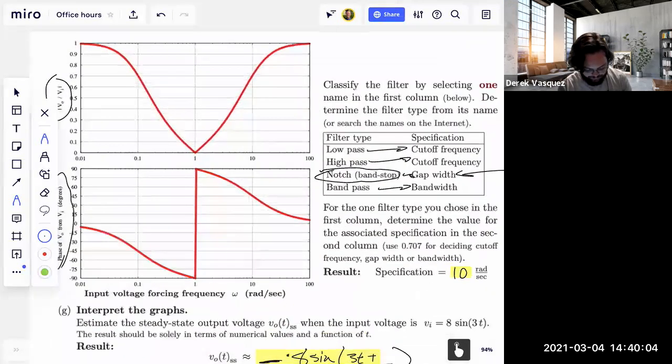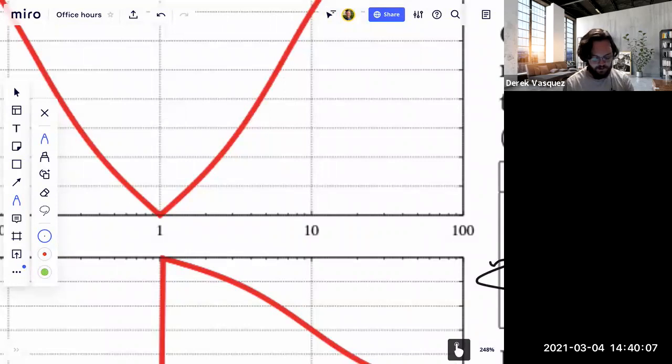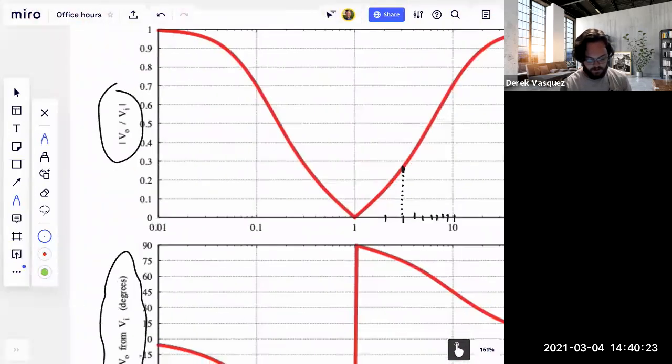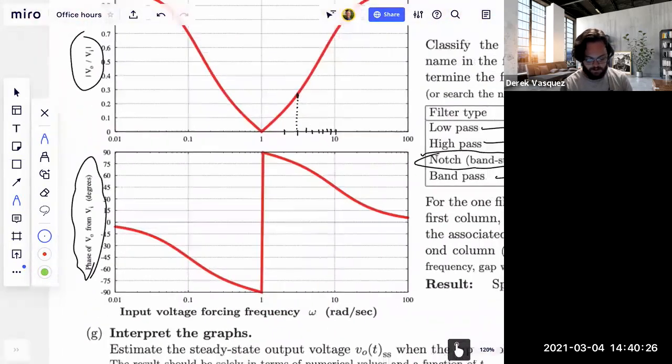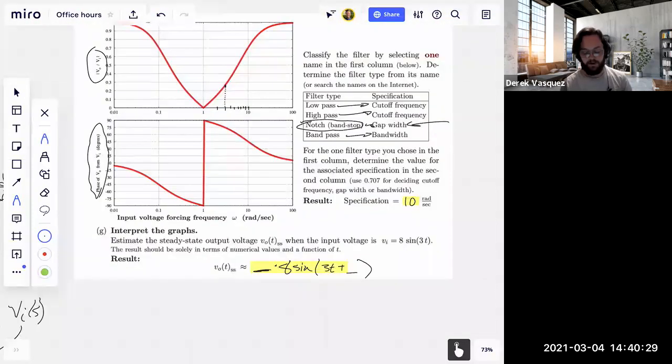If I zoom in here, on this log plot we have 1, then 2 is here, 3 is here, 4, 5, 6, 7, 8, 9, 10. So 3 coming up to here is about right there on our plot. It comes out to about 0.25 as our magnitude ratio at 3 radians per second. So we're going to get a quarter of our input amplitude, which is 8 in this case.